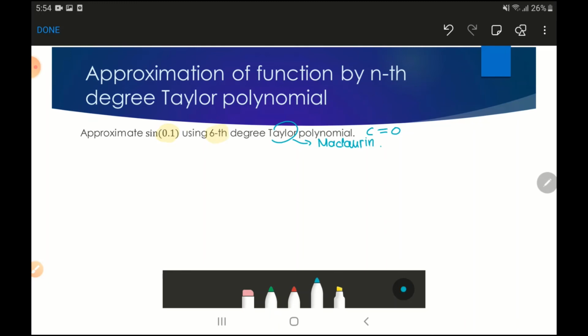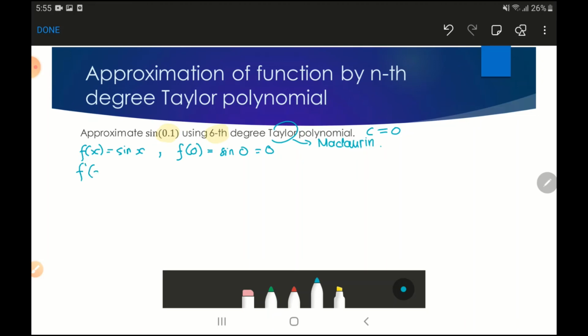Okay, let's do it. Because we are trying to approximate the value of sin, our function is actually sin x. Because our center here is 0, f(0), which is sin 0, is 0.